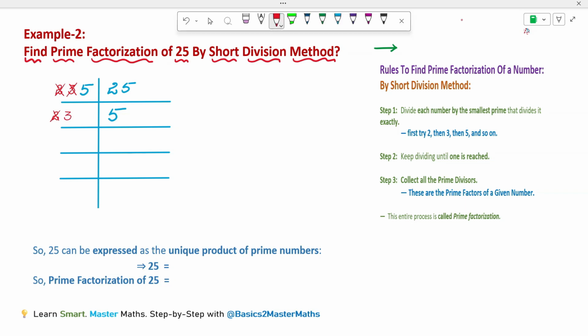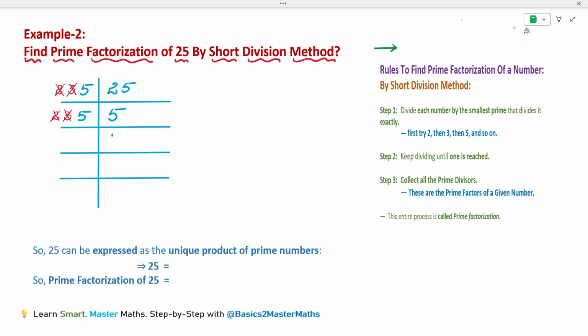Again, since 3 does not divide 5 exactly, move to the next smallest prime 5. Since 5 divides 5 exactly, we get 1.